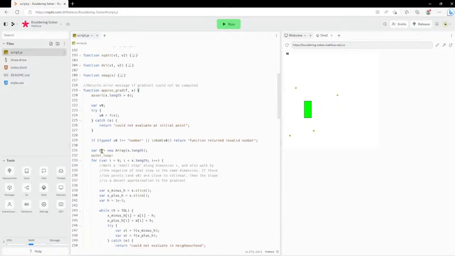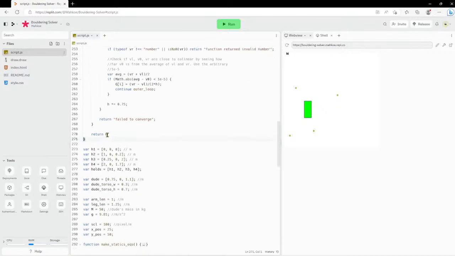So here what I want to do is do gradient next.